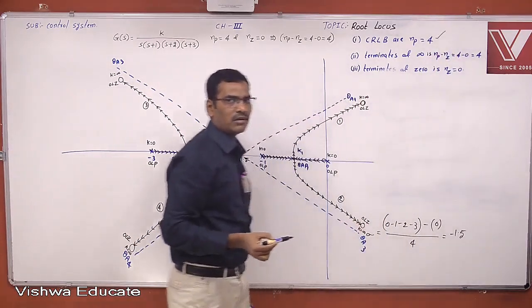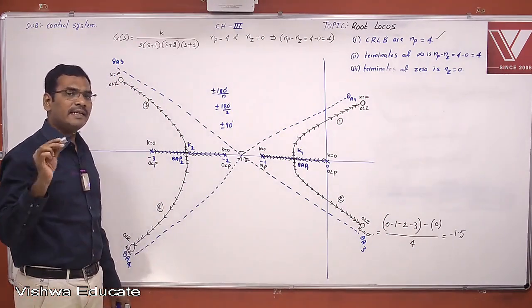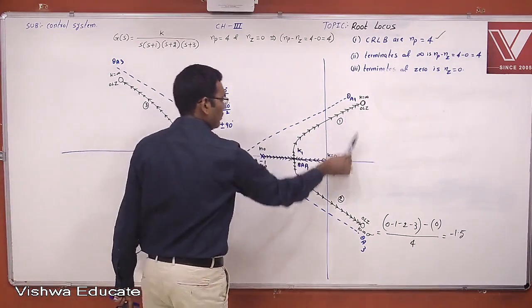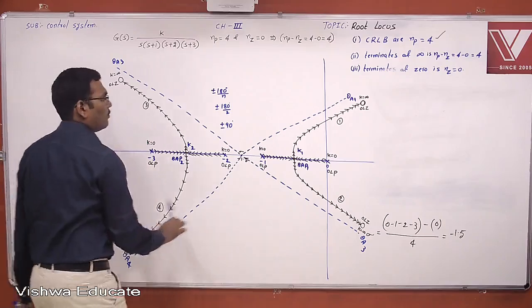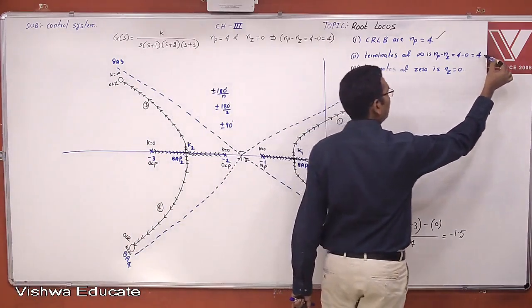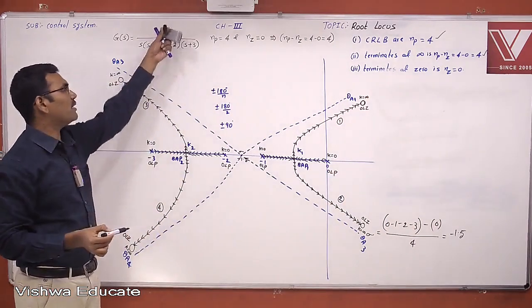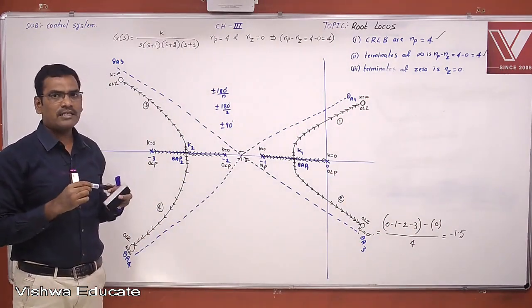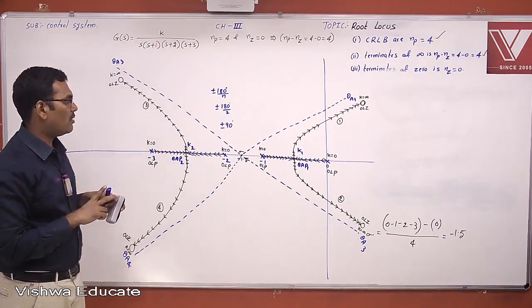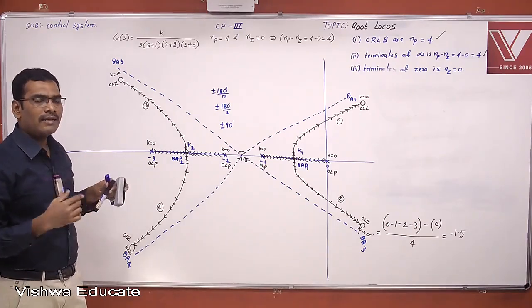Is it matching or not? How many branches terminate at infinity? 1, 2, 3, 4. 4 is correct. Now, how many branches terminate at 0? There is no 0 in the transfer function, therefore no branch is terminating at 0. Clear or not? All are correct or not? Like that you can easily identify.